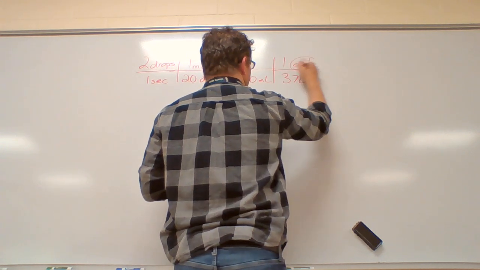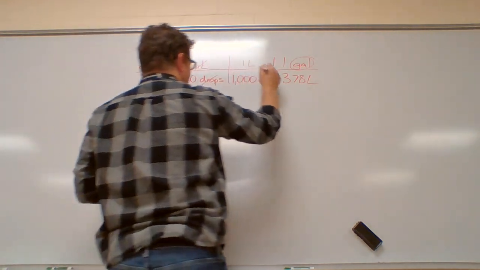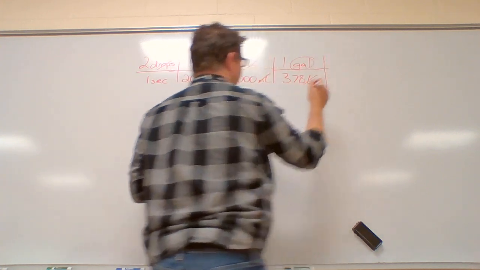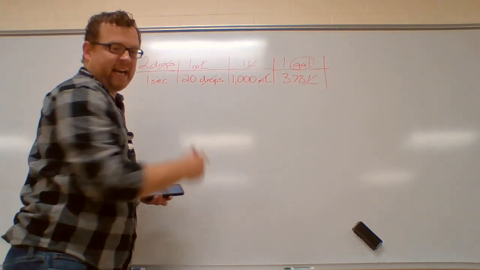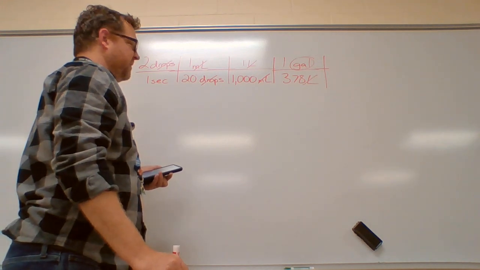So gallon is what we need, and then we cross off drops, cross off milliliters, cross off liters. So we have gallon. For right now, if we just finish this problem, it would just be gallons per second. Okay, and we don't want that. So we want to have it to be gallons per year.